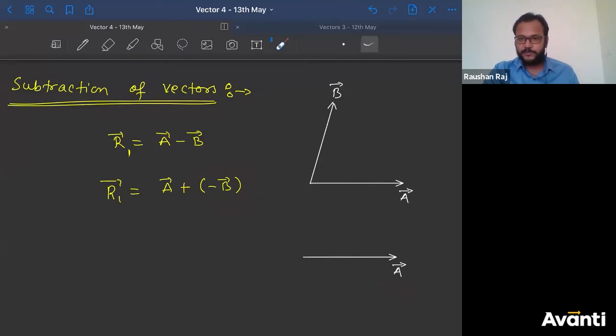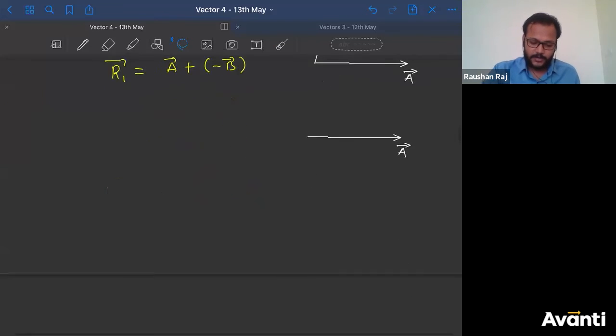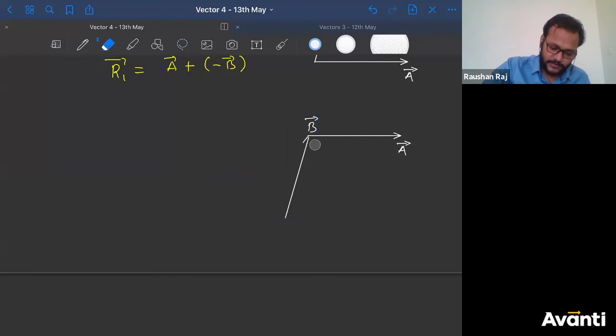What is the minus B vector? Can I say minus B is nothing but the negative vector of B? That means the direction will be ulta of B, however the length will be the same. So what will I do? I'll copy this here, but I'll reverse the direction. This direction went, this direction went. Direction will be ulta.